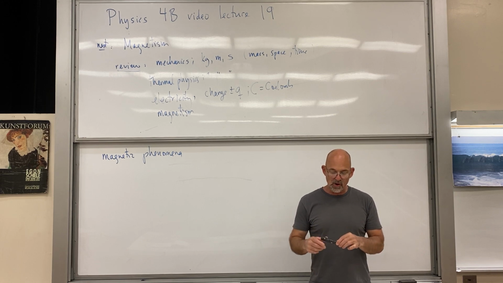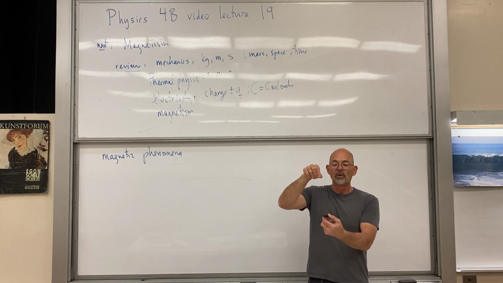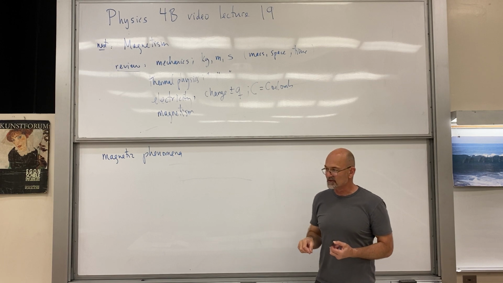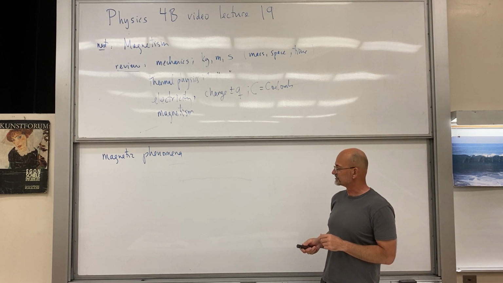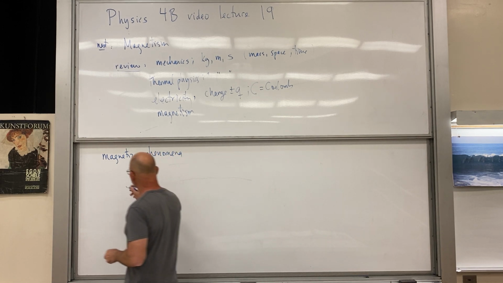The idea of the pole comes from the fact that if I were to suspend this from a string, it would orient itself towards north, magnetic north of Earth. So Earth itself has magnetic properties, the planet as a whole. So we have here bar magnets.